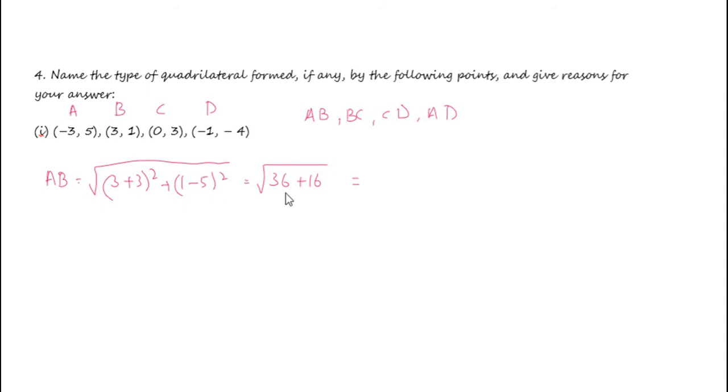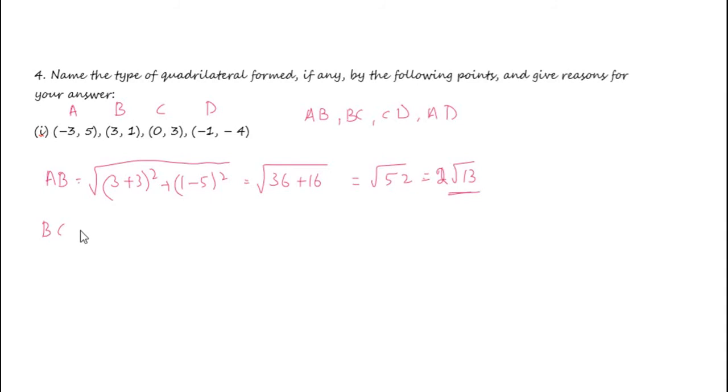So the answer is 36 plus 16, 52, square root of 52. This also you can write as 2 root 13. 52 can be written as 4 into 13. 4 comes out and comes 2. Now 2 root 13.